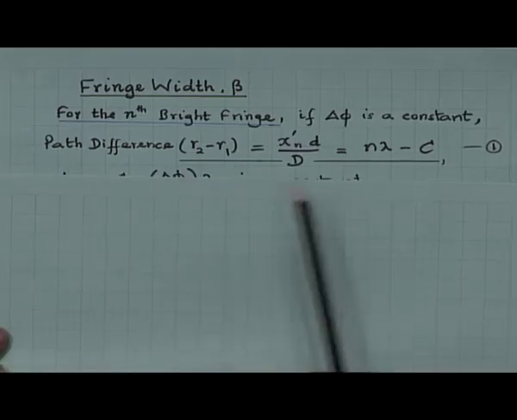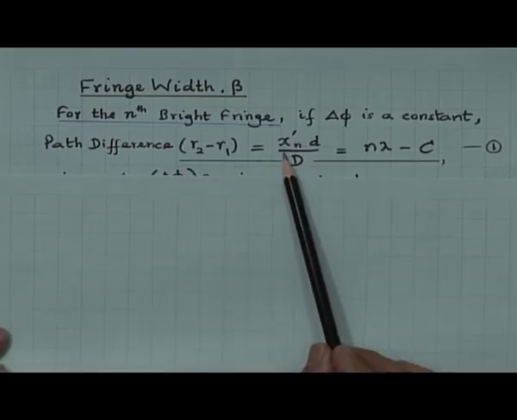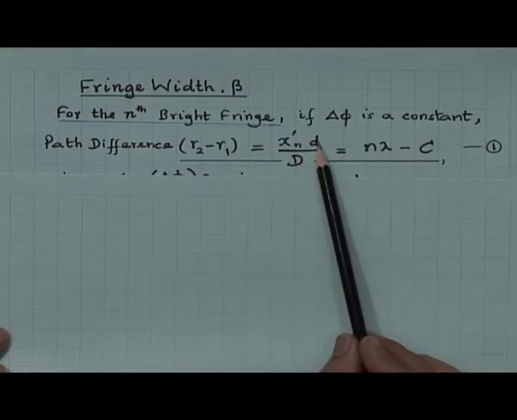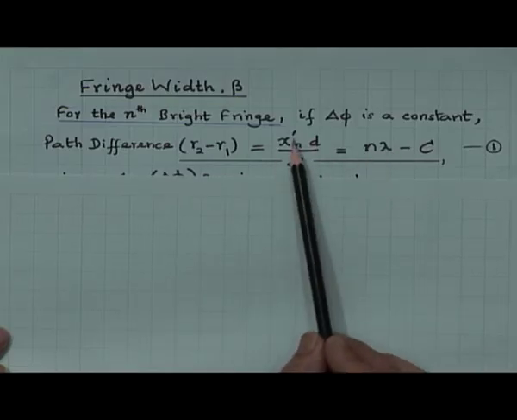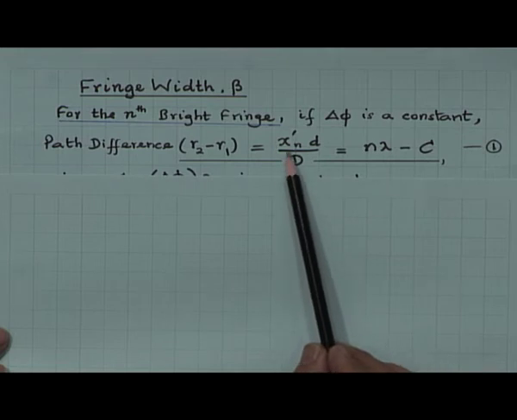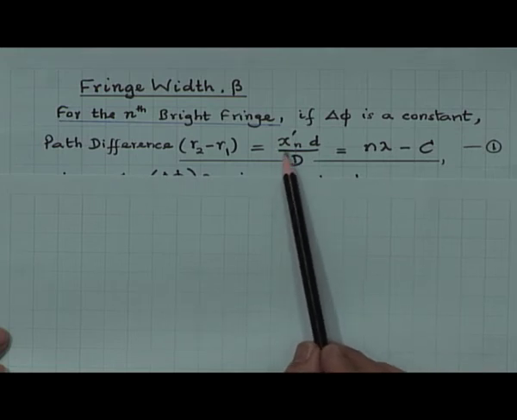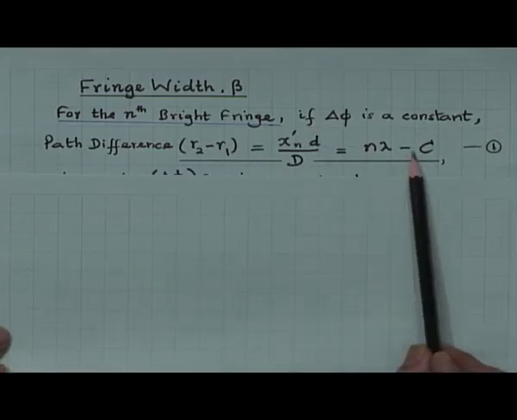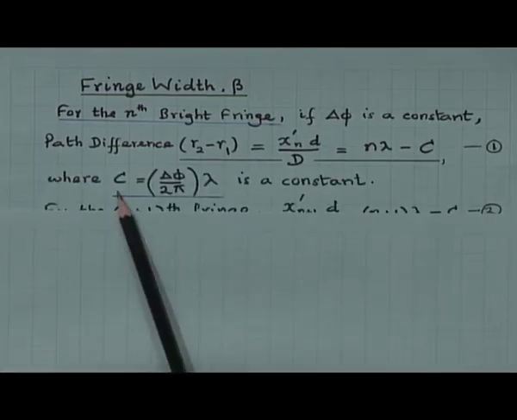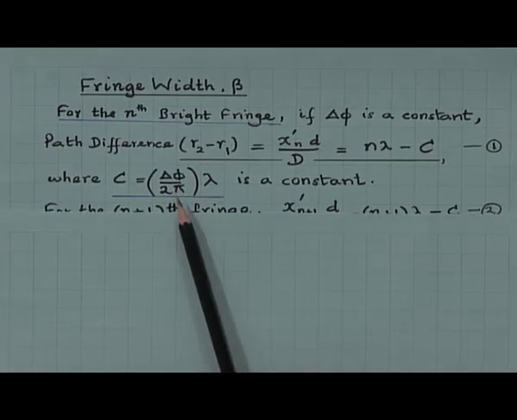For the nth fringe, the condition we had earlier derived was x n d by D equal to n lambda. Now, because the position of the nth maxima has changed, I am calling it x n dash. So, that is equal to n lambda minus c, where c is that constant, delta phi by 2 pi into lambda.